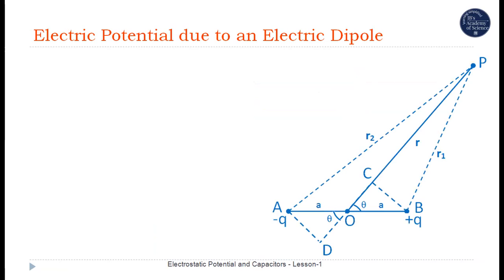Consider a point P at a distance r from the center of the dipole O. Let R1 be the distance of the point P from charge plus Q, and R2 be the distance of the point P from the charge minus Q. Now, the electric potential at P due to this dipole AB is to be determined.